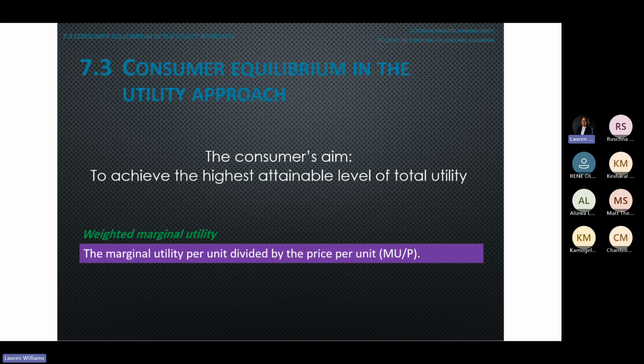In understanding the concept of equilibrium, that must also balance out with our means, meaning our income. It must be within our budget. Then we are in equilibrium. If we have obtained our highest level of satisfaction and it's within our budget, we are in consumer equilibrium in terms of the utility approach.